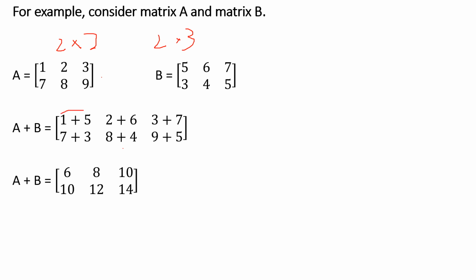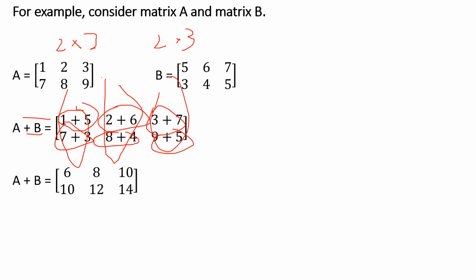And notice I still have a 2 by 3. Here is my first row. I put them all together. But it's basically got 2 rows, 1, 2, and then I've got 3 columns, right here, right here, and right here. And here's my answers. It's still 2 rows and 3 columns.